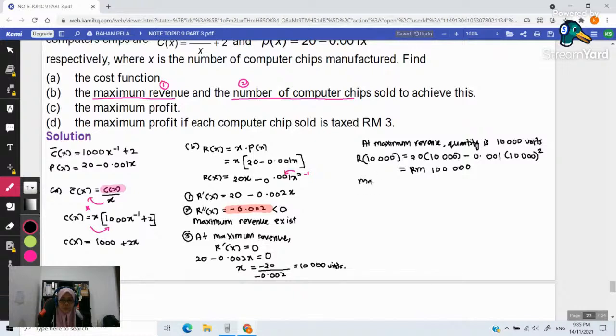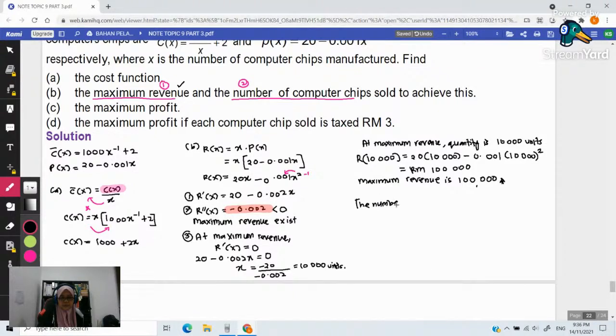So, maximum revenue is 100,000. That's why we have already answered question B, the first part, maximum revenue. But they have a second question: what is the number of computer chips sold to achieve this? We need to write the conclusion.